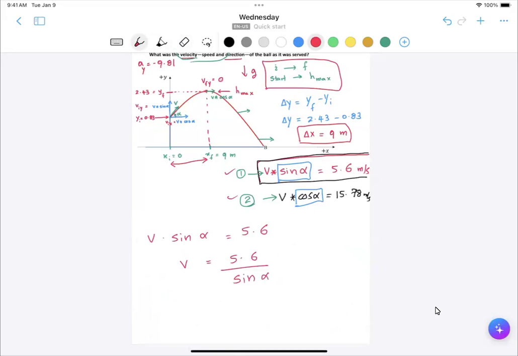This is the third way. You can substitute this v into the other equation. In equation number 2, when you substitute for v, you have 5.6 divided by sine alpha times cosine alpha equals 15.78. Again, you get a cotangent alpha relationship. Still, you can solve this, everyone.